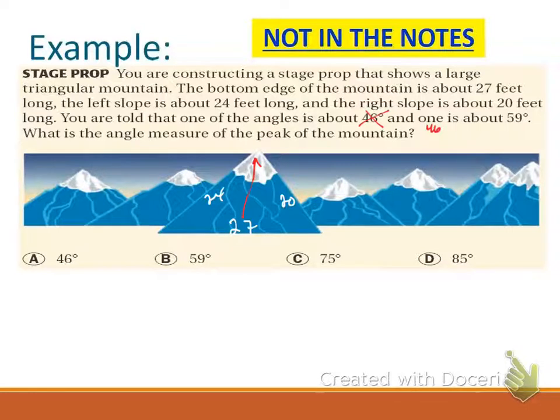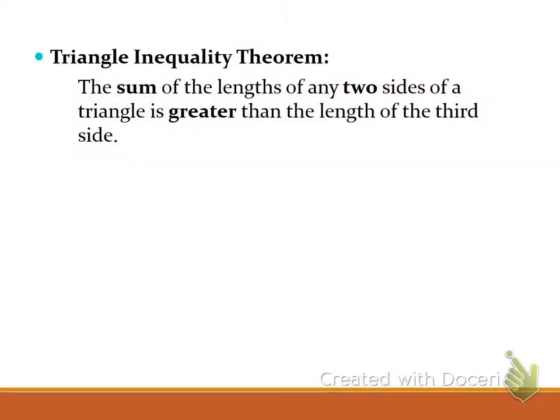So we could go 46 plus 59 and get 105, and then subtract 105 from 180 and realize that third angle is 75 degrees. Right? So since the third angle is 75 degrees, that's your biggest angle. That has to be opposite the longest side, which means that the peak is going to be 75 degrees. Okay? Make enough sense? I hope so.